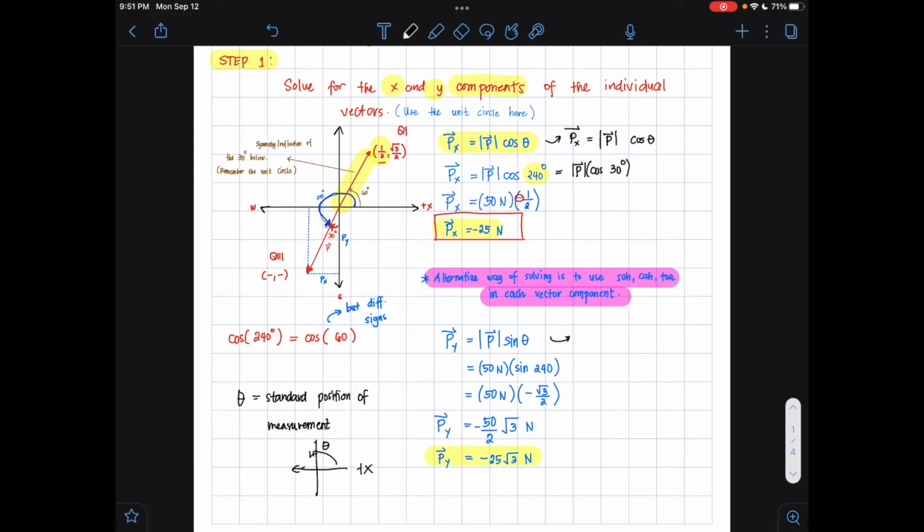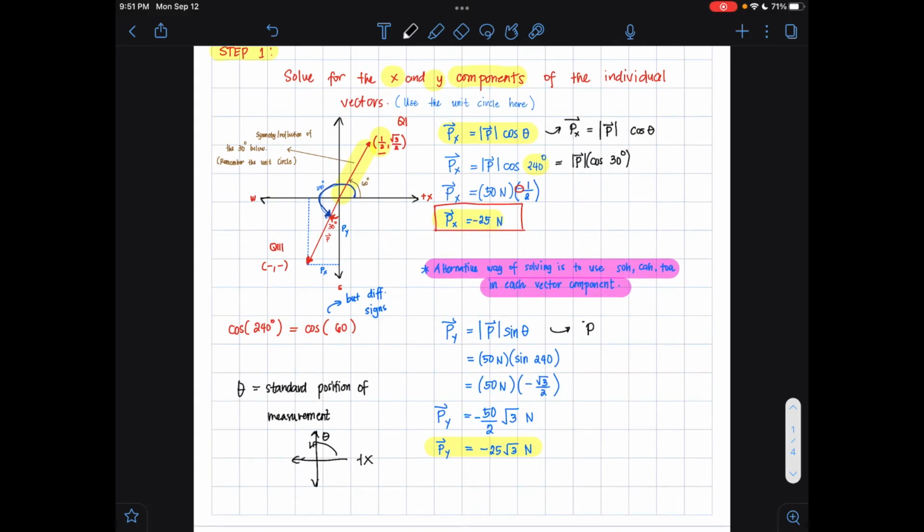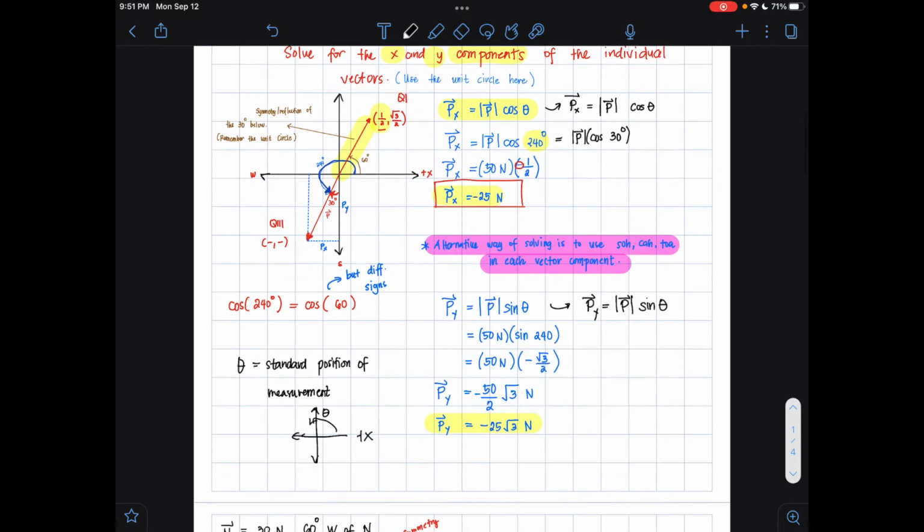As long as you measure it that way, your y component, whatever vector that may be, is just a function of the sine of the angle and the magnitude of your vector. That is why in the case of vector p, you are looking for p sub y, which is just equal to the magnitude of p times the sine of the angle theta.